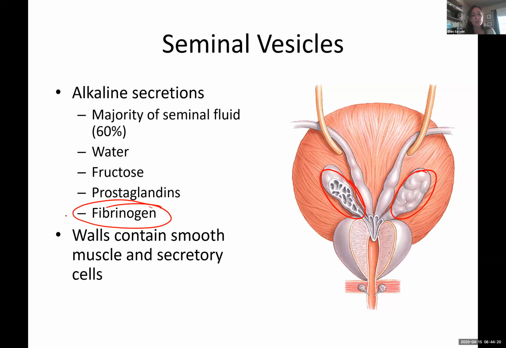And you want that to happen in the female reproductive tract. Not a bubble with air, but you're creating this blob of semen adjacent to the cervix to make it easier for sperm to swim into the female reproductive system. So each of these things has a job to do.